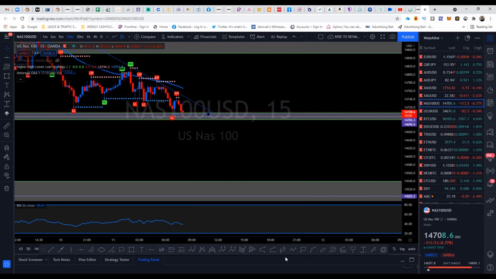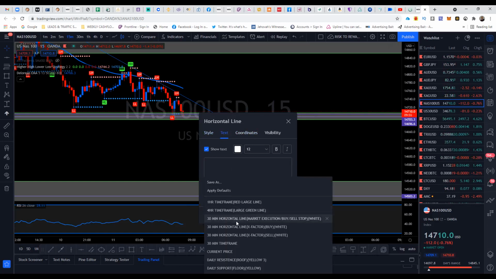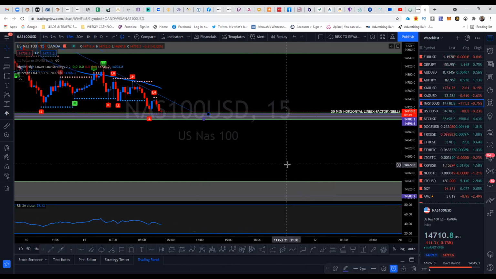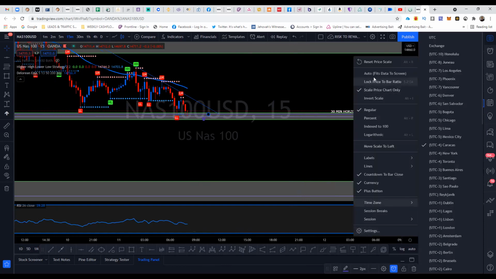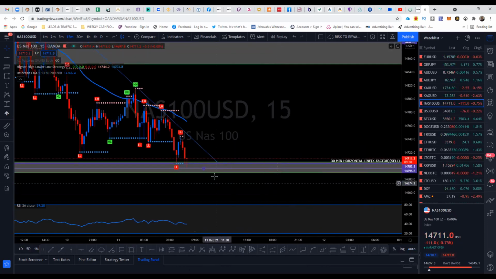One bar per close. So this is going to alert me when price has closed below this here. We're going to name this horizontal line the X factor, and this is going to be the sell. Then save this. So that's going to be my confirmation to sell. Price closes below this.